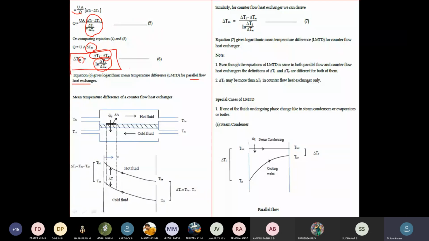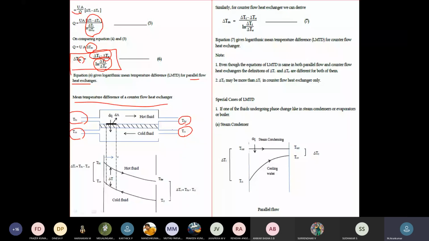That too can be derived for the counter flow heat exchanger in the following slides. In the previous case, the flow is in the same direction; in counter flow the fluids move in opposite directions, so the temperature profile will differ. This is the high temperature fluid inlet, this is the low temperature fluid inlet, this is the low temperature fluid exit, and this is the high temperature fluid exit.